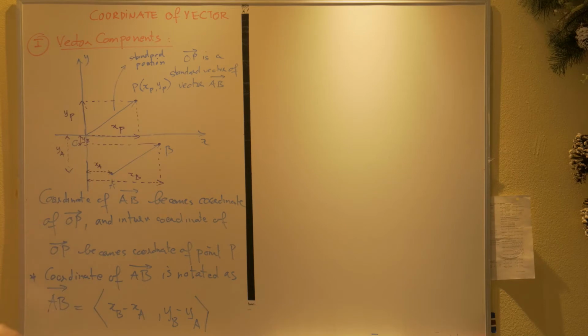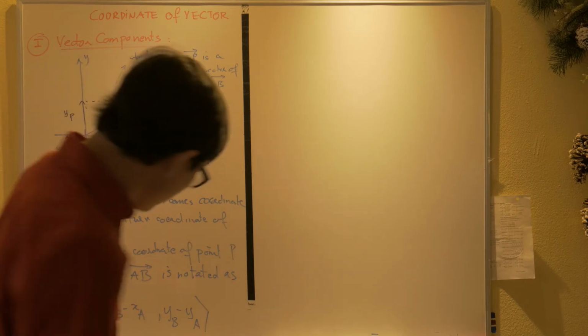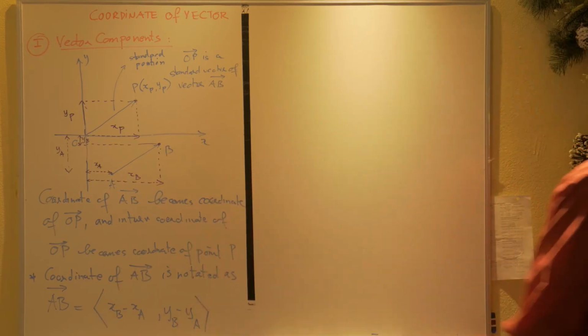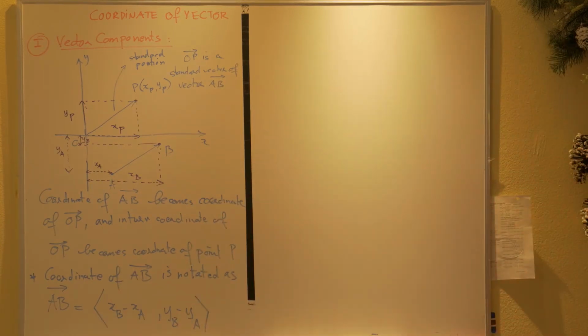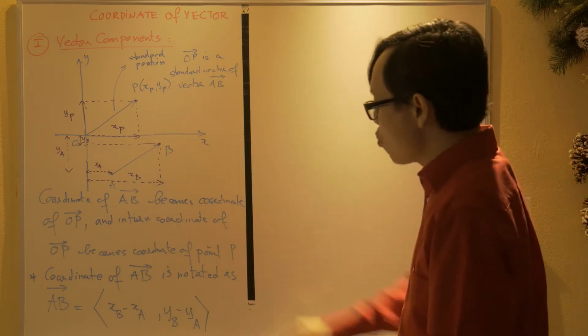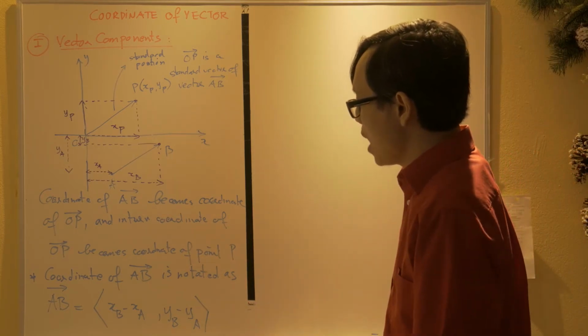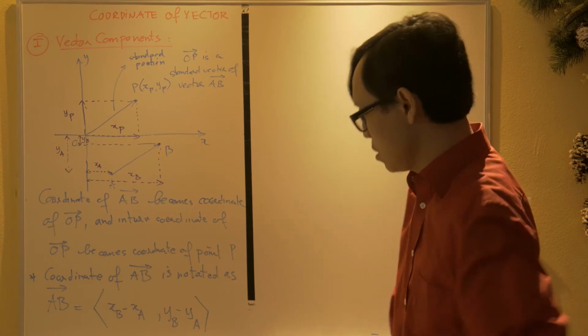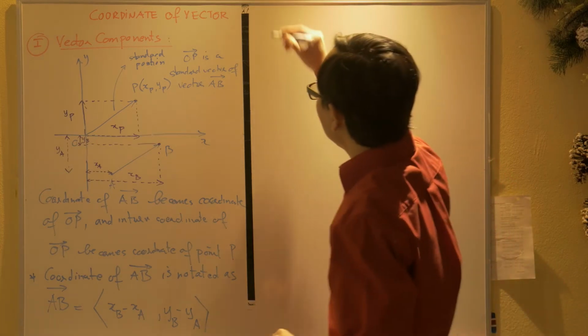Okay. This formula comes from this picture. And xb minus xa and yb minus ya, we call the vector components of vector AB.